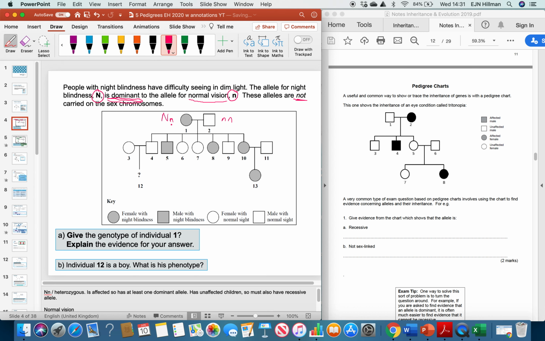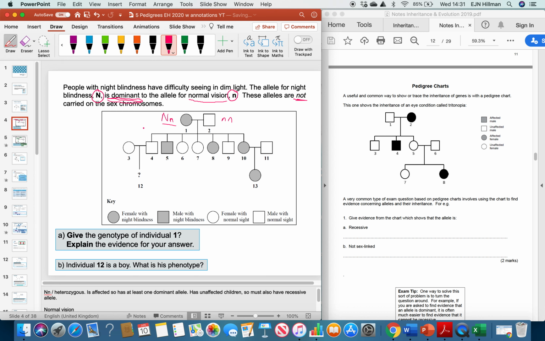Well, number 1 is heterozygous: she must have at least one copy of the dominant N allele, but because she has unaffected children, 4, 6, 7 and 9, she must have at least one recessive allele for normal vision. Therefore she is heterozygous.